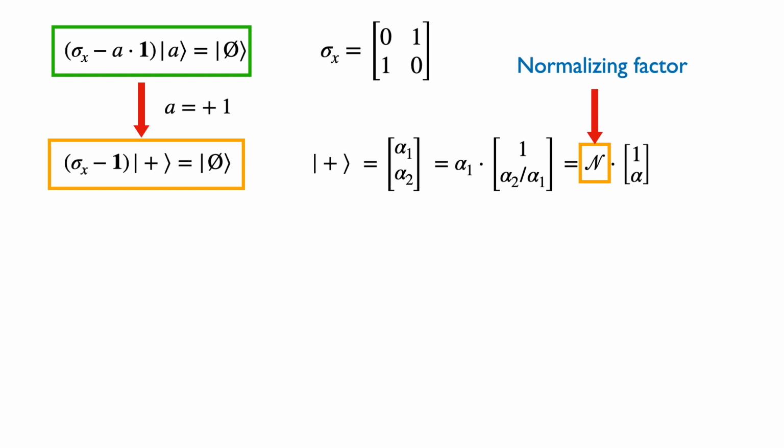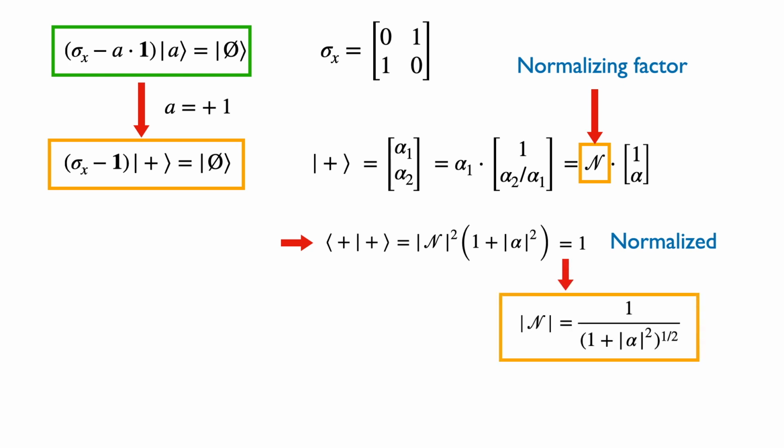Since the eigenvector equation constrains the vector only up to a constant prefactor, solving for alpha will give us the plus state, while n can be used to fix the normalization of the plus state to 1. This fixes the absolute value of n. But since the overall phase factor of a state is unphysical, as it doesn't affect measurement probabilities, we can simply set n to its absolute value.